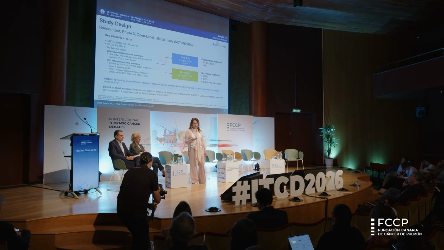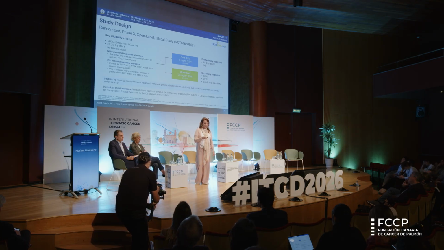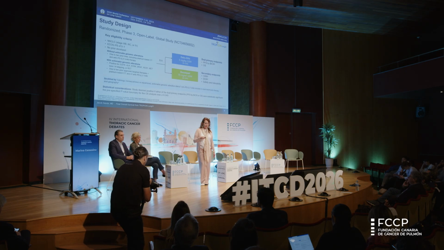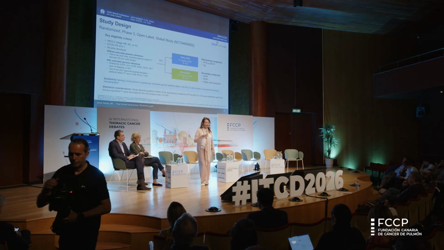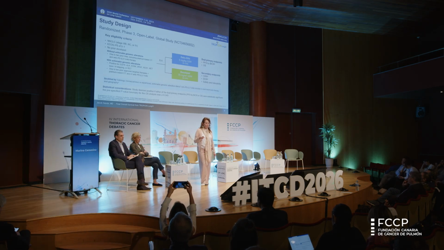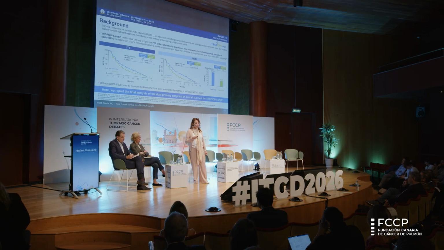Starting with the first one, this trial included patients with and without actionable genomic alterations, who were randomized to receive D2DXD or docetaxel. There was a dual primary endpoint of progression-free survival and overall survival, and the trial showed some benefit in progression-free survival, in particular in the non-squamous population.